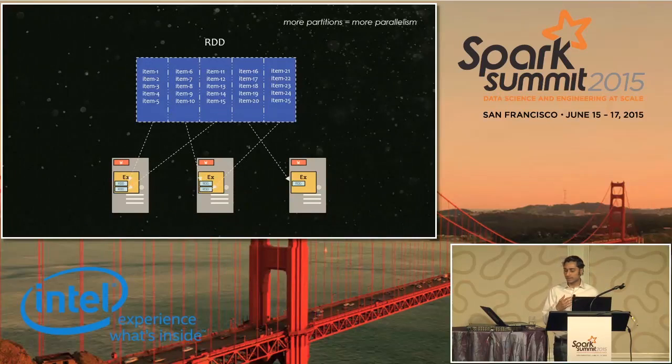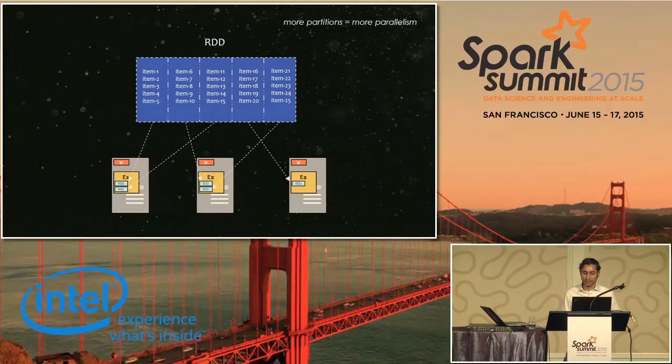In general, you want a task to run somewhere between 100 milliseconds and maybe 5 or 10 seconds. If it's taking you a minute, then it might be a little bit too much. And if it's taking only 30 milliseconds, you might need to put a little bit more data in your actual partitions.